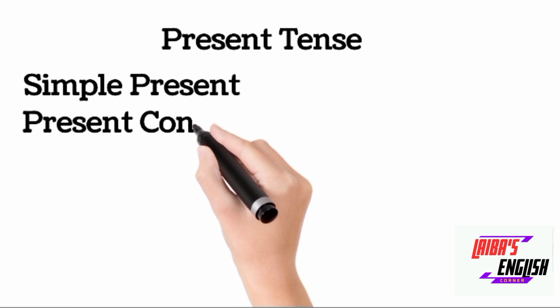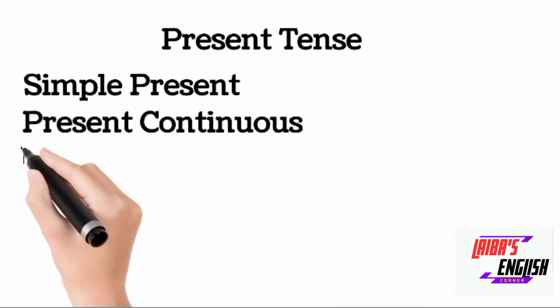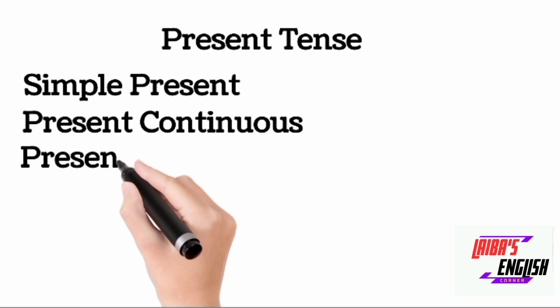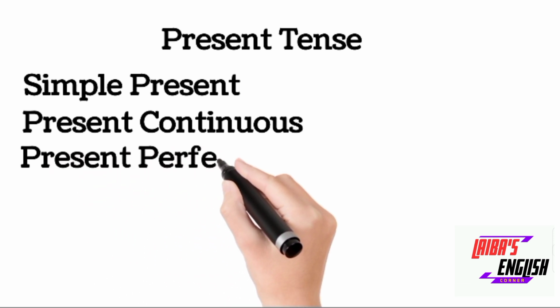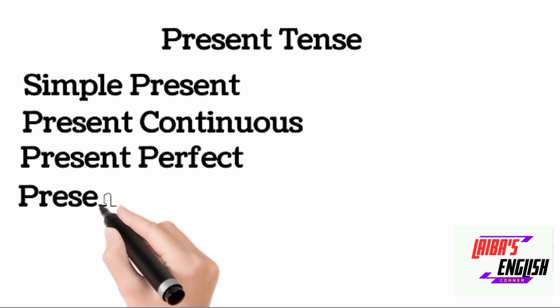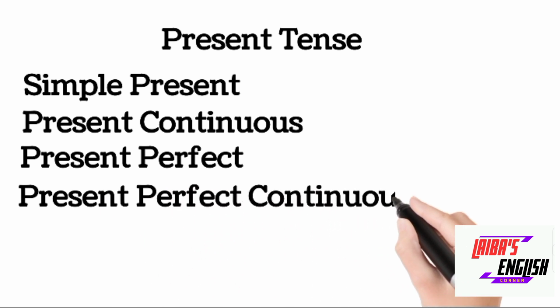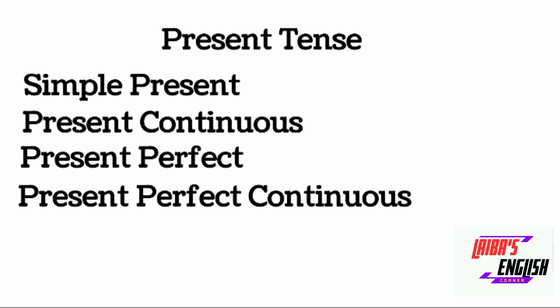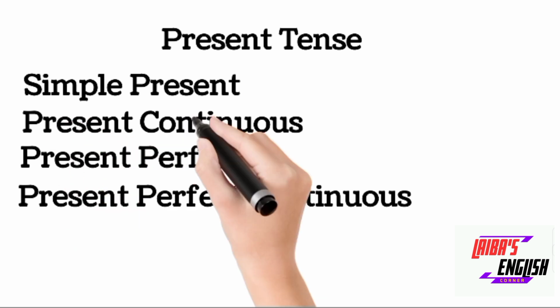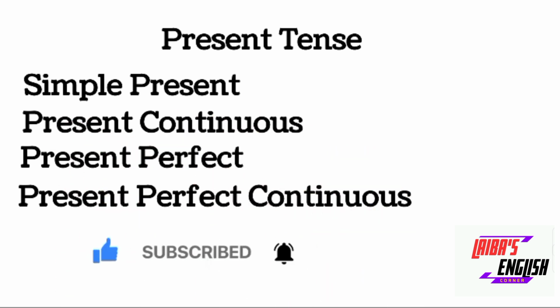Present tense is divided into simple present, present continuous, present perfect, and present perfect continuous. In today's video, we will discuss the first two, simple present and present continuous, along with their three types, which is their further subdivision. So let's move on to our video.